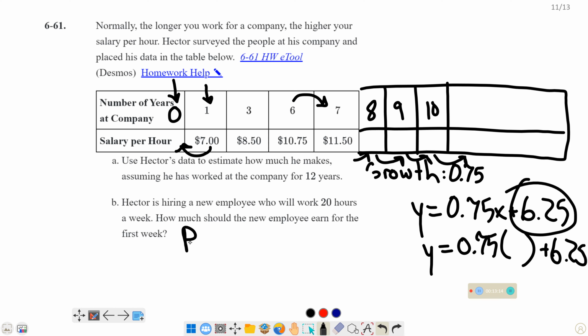So in problem letter B, if the employee is making $6.25 per hour, then we're going to multiply it by the number of hours that they work that week. You can go ahead and use a calculator to figure out the answer to problem letter B. Pause the video to complete your answer.